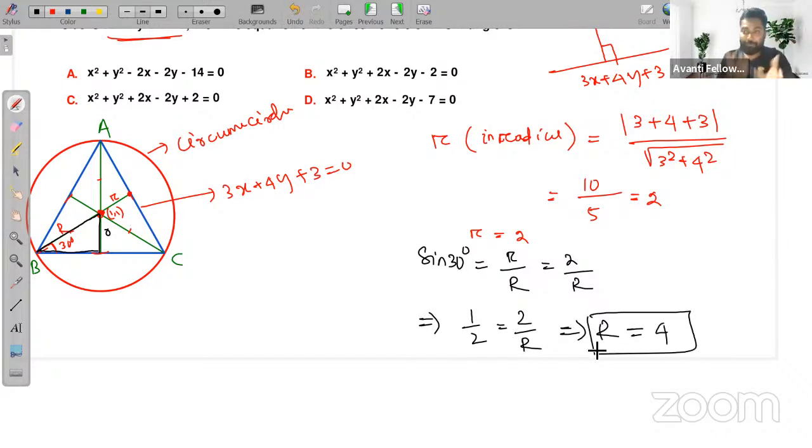Now we have the radius of the circumcircle, and also the center.